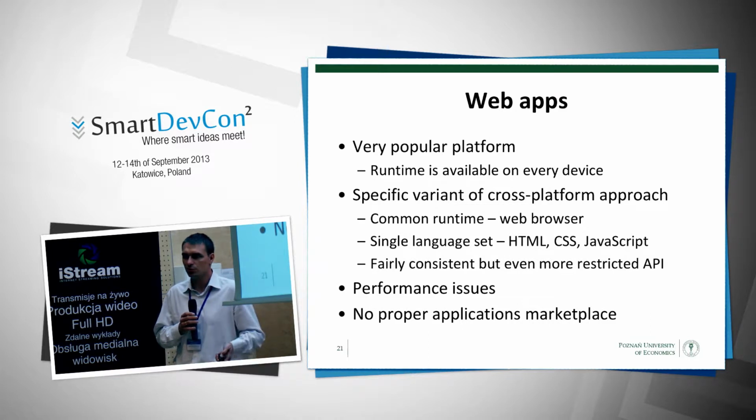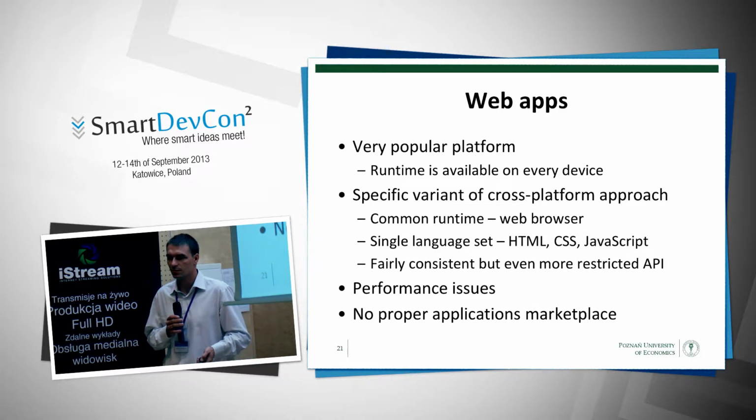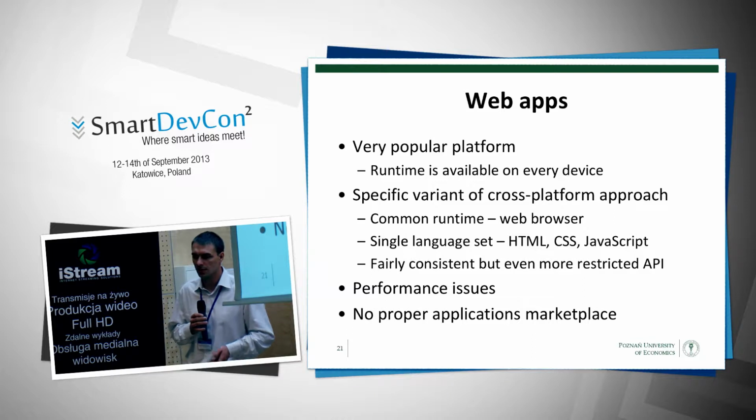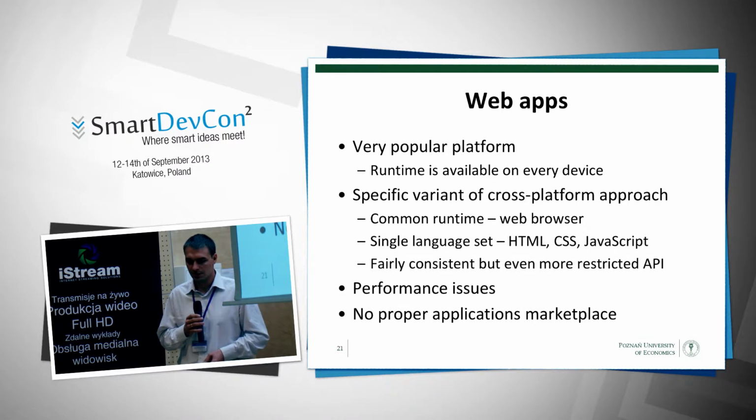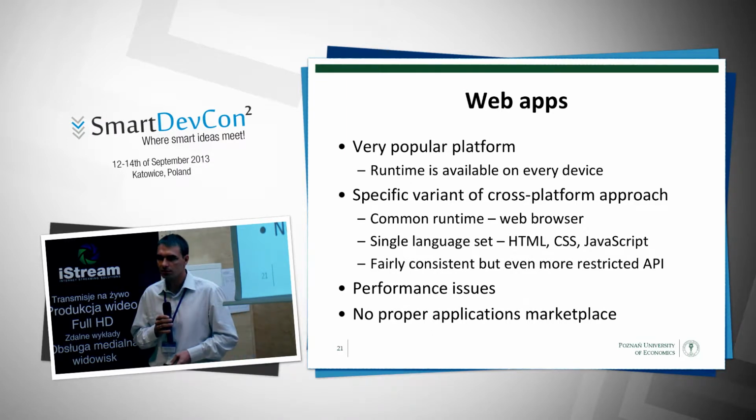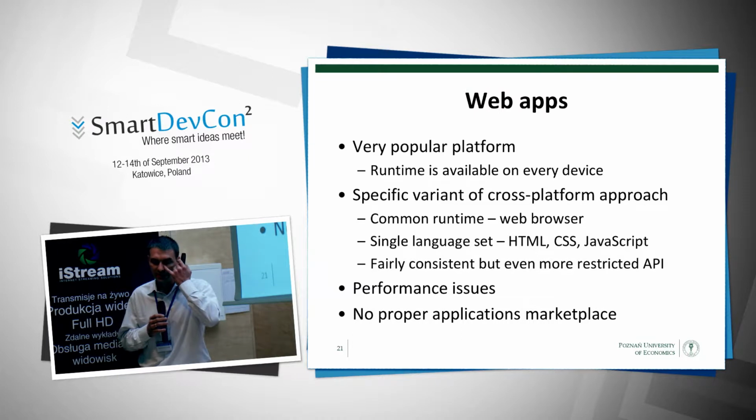Of course, this comes with all the drawbacks of cross-platform solutions, like performance issues and API restrictions, and also, what is not mentioned on the slide, inconsistent implementations in web browsers.